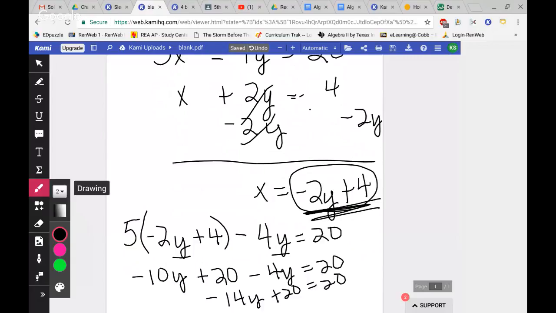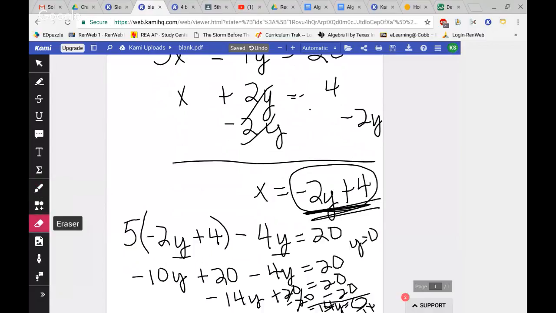And then I'm going to subtract 20, and that's going to give me 0. Don't panic. 14y equals 0. I would divide both sides by 14, and y equals 0.